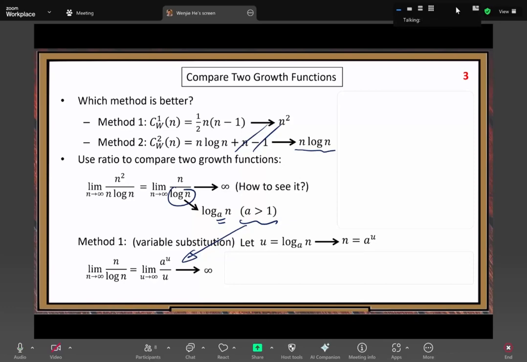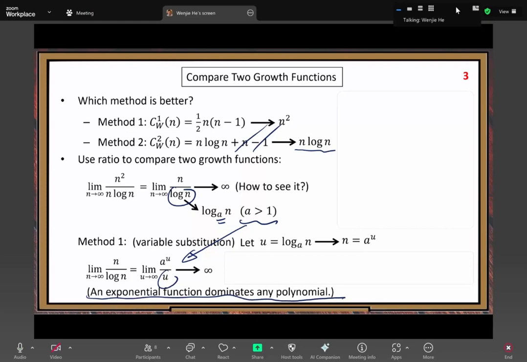Then, how do you see the ratio goes to infinity when u goes to infinity? Because we know the increasing rate of an exponential function is much faster than a polynomial function, right? The denominator is a polynomial function. And we know there is a property for these functions: an exponential function dominates any polynomial.